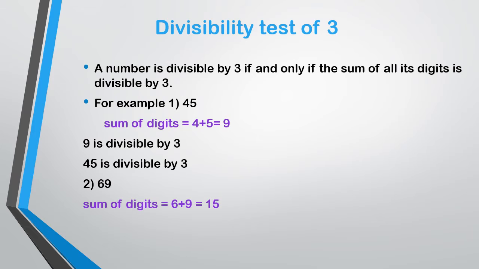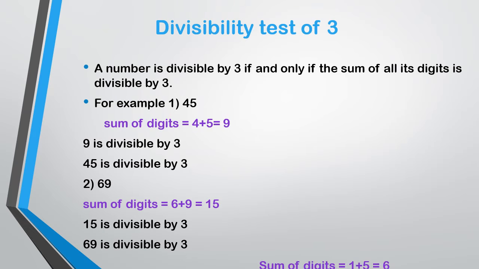First way, we can keep this 15 as it is. Now we have to check whether 15 is divisible by 3 or not. So we have to use the 3 table. 5 3s are 15, 3 5s are 15. So it is divisible by 3. So 69 is also divisible by 3.